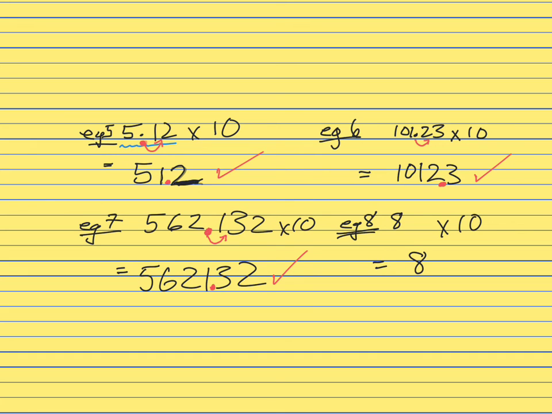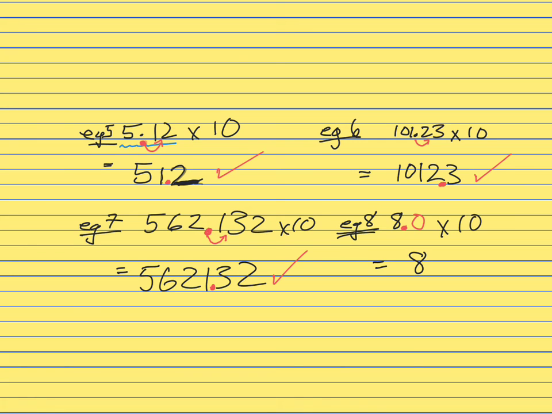So now we go 8 times 10. So I write 8. Now, here is what I do in order to handle whole numbers. With my whole number, I will literally write 0.0 after the 8. Now, what that allows me to do is figure out where my decimal is going to go.